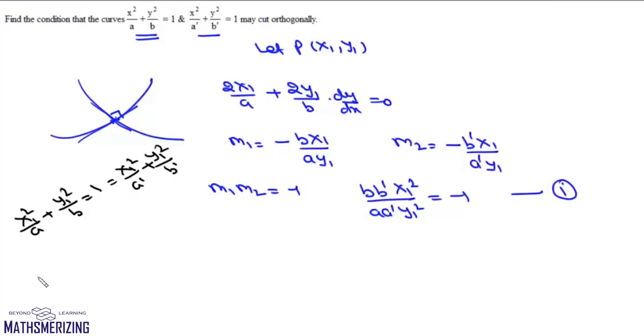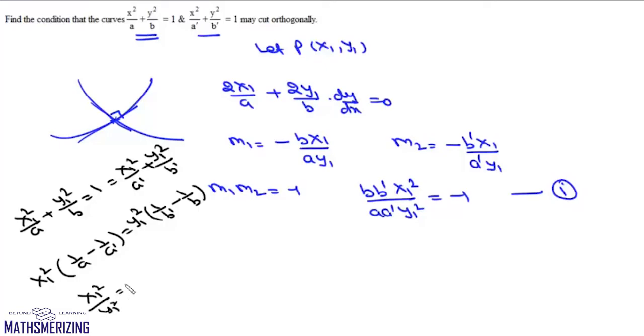Now we take x1 square on the same side, we'll write x1 square (1 upon a minus 1 upon a dash) equals y1 square (1 upon b dash minus 1 upon b). So from here we can write x1 square upon y1 square, it will be (b minus b dash) upon b b dash into a a dash upon (a dash minus a).